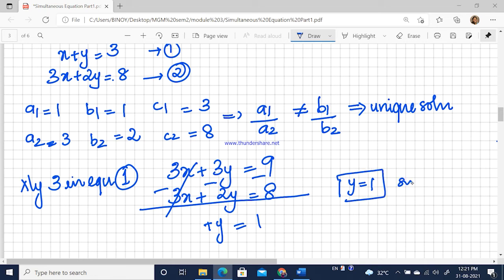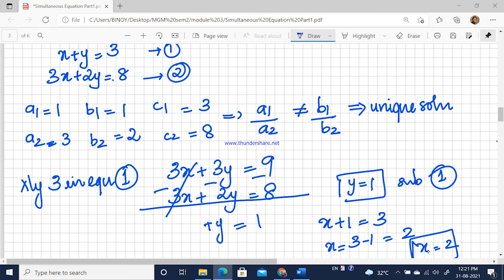Substituting in equation 1, x plus 1 is equal to 3. So x is equal to 3 minus 1, that is 2. So x is equal to 2 and y is equal to 1. Here we have learned that in a simultaneous equation, you will be given two or more equations and they should satisfy the same value of all the unknown quantities.